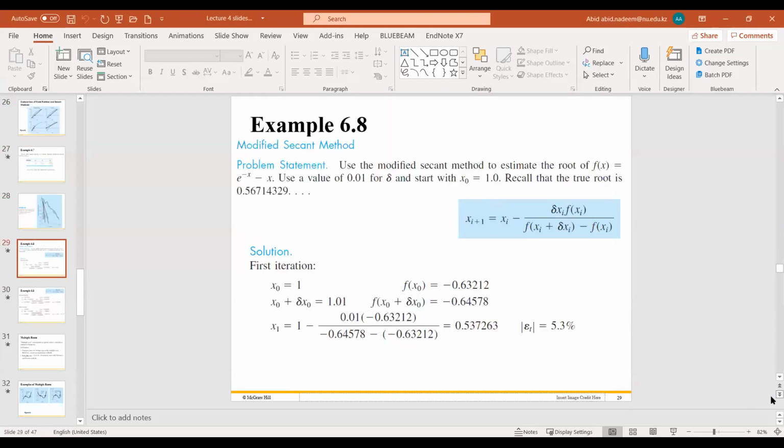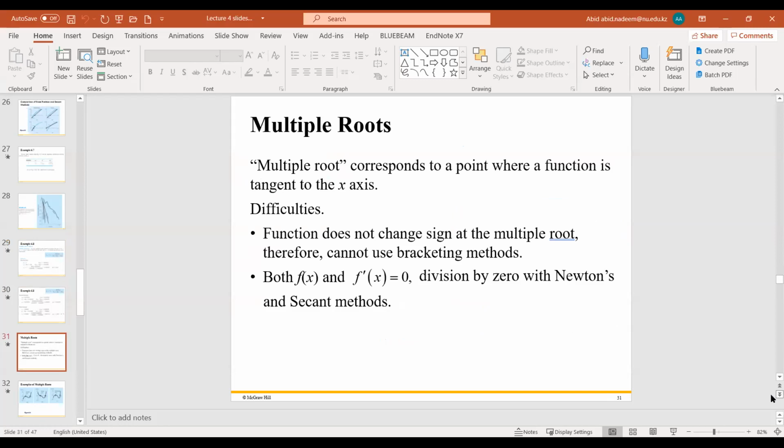In the modified secant method, instead of taking the difference of two x values, you take a proportion of the x value in the form of this delta, and then we multiply the initial value of x with that delta, and then we follow the procedure.